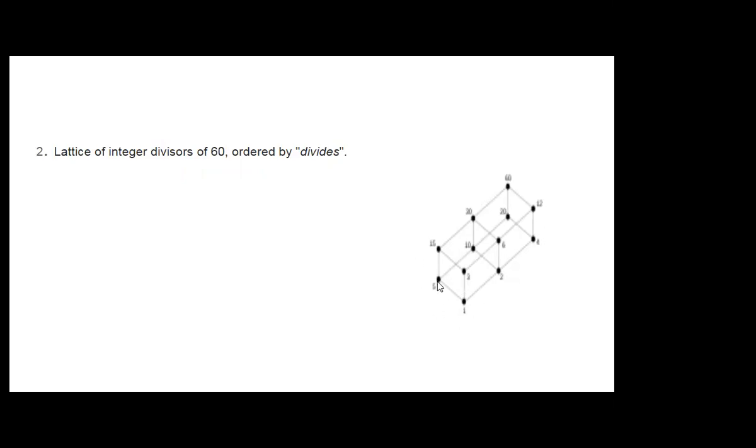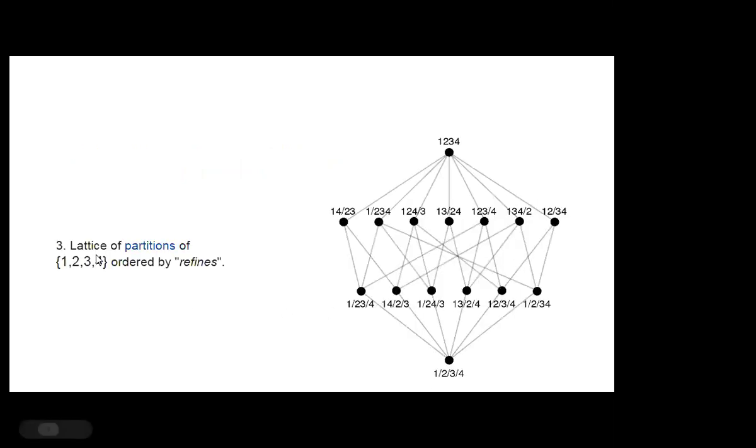It is ordered by refinement, and the refine operation is given here like this: 1, 2, 3, 4. These are the individual items, and then they are grouped like this: one item, then two items, and so on.